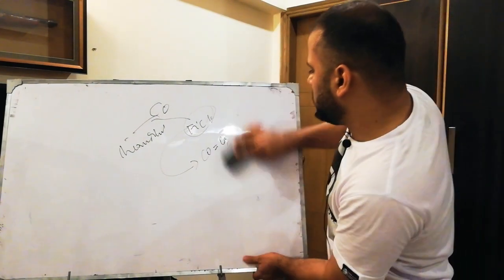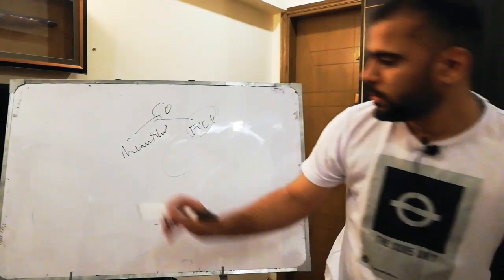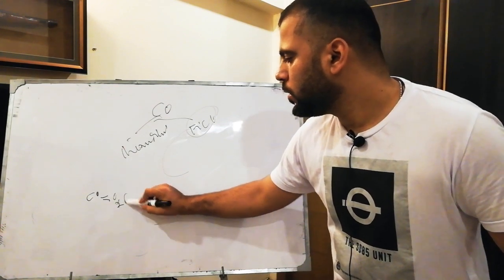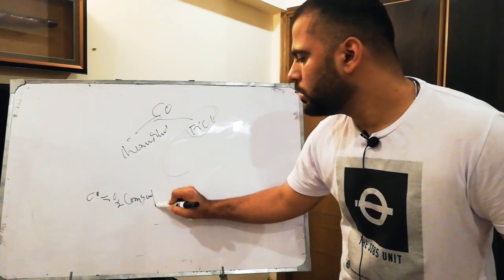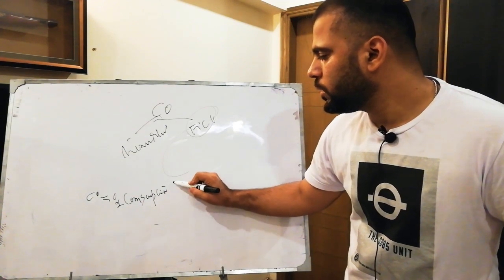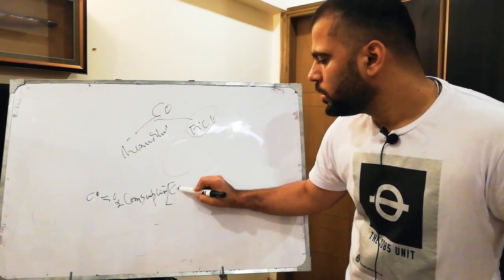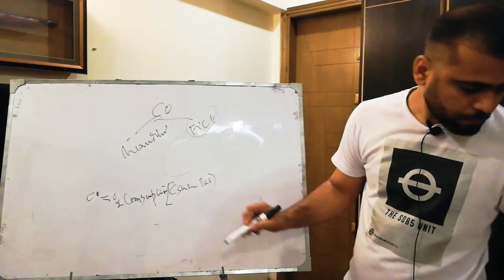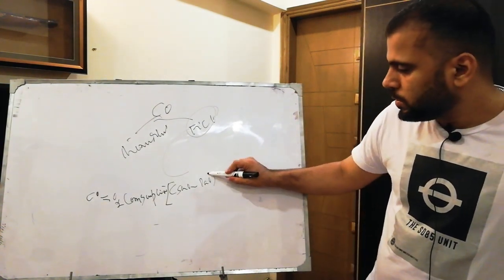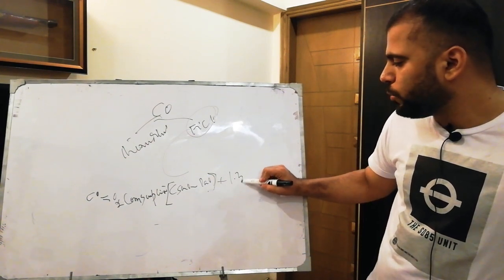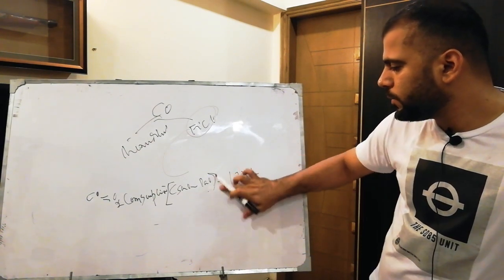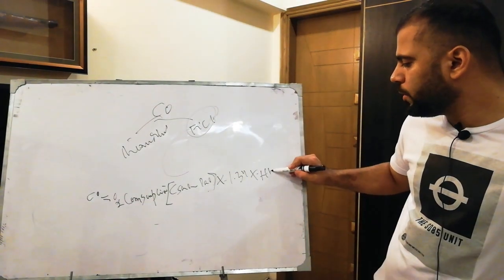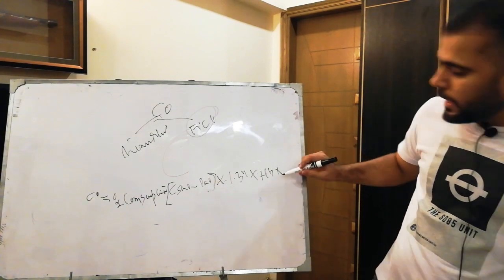Let me write here: cardiac output equals O2 consumption divided by systemic oxygen minus pulmonary oxygen, multiplied by 1.34, multiplied by hemoglobin, and multiplied by 10.